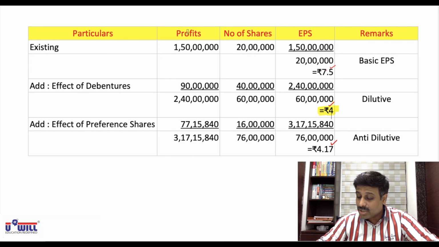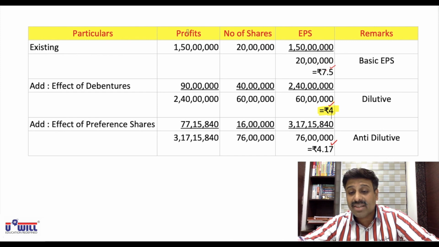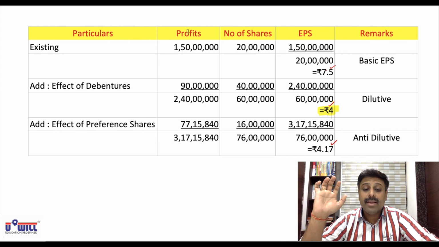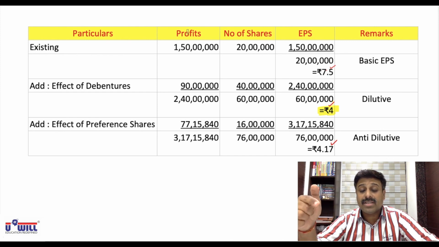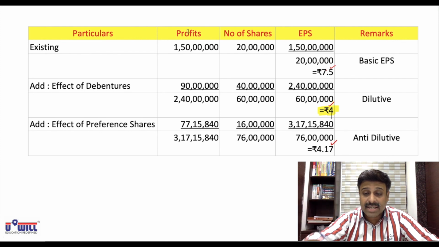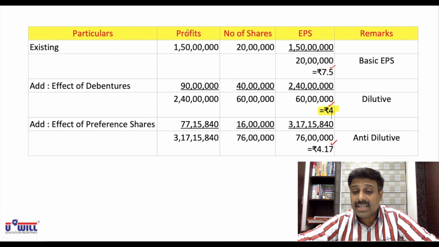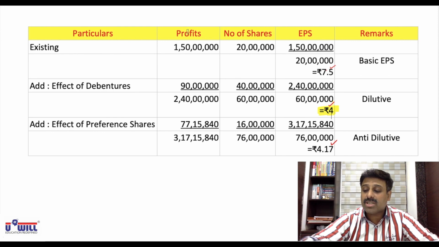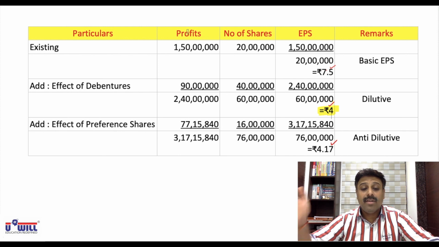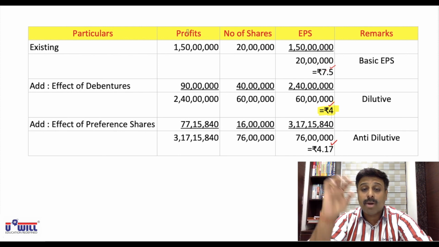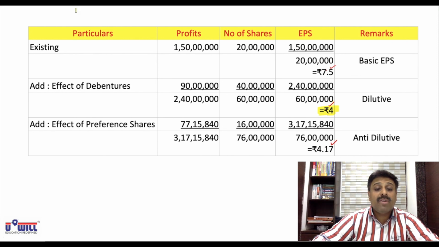In any of the situations, you'll find EPS will be 6.31, more than 4 only. If preference shares get converted first, it will become 6.3, and then after that when debentures get converted, final will be 4.17 only. So what is this 4? 4 is the minimum EPS possible at any time in future, whether debentures get converted first or preference shares get converted first or both get converted at the same time. So what we will report to the shareholders is the EPS of 4 rupees.